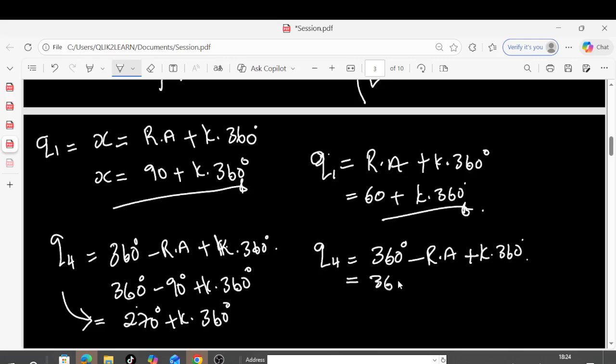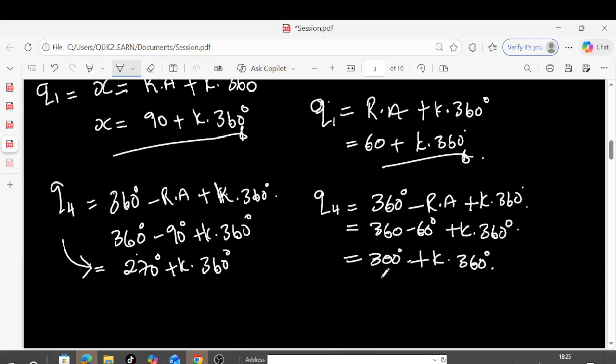This will be 360 minus 60 degrees plus k times 360. So now this is just 300 plus k times 360 degrees. Okay, I think I'm happy with that now.